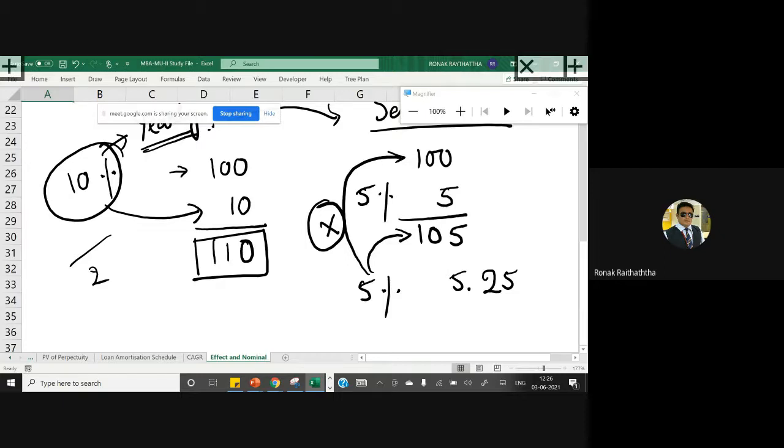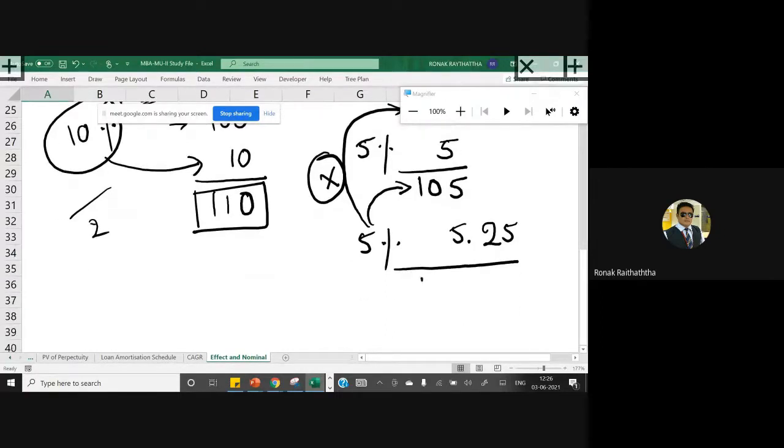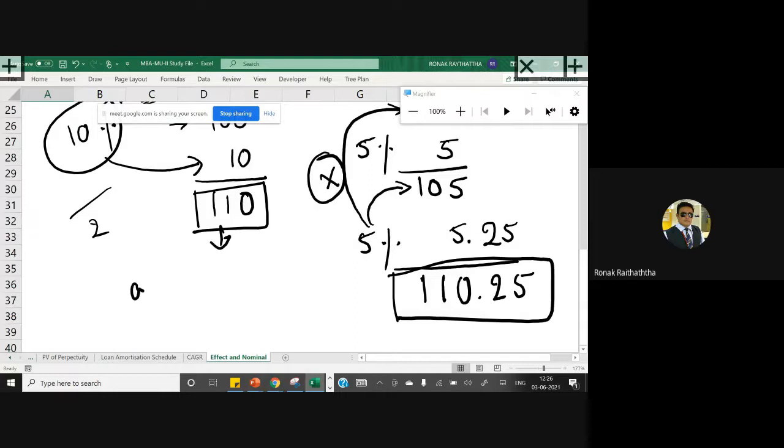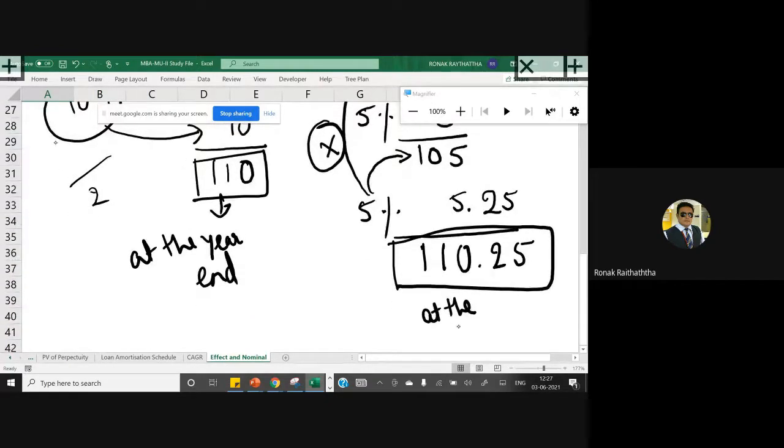Yes or no? Now you add that interest, then your value of investment reaches to 110.25. That is the value at the year end, and this one is also value at the year end.